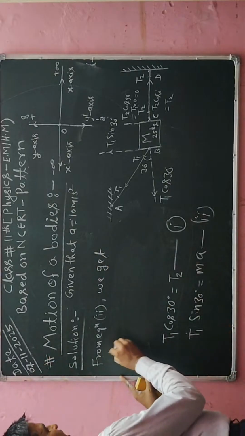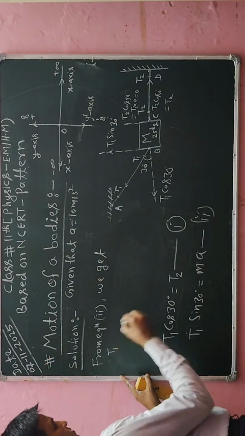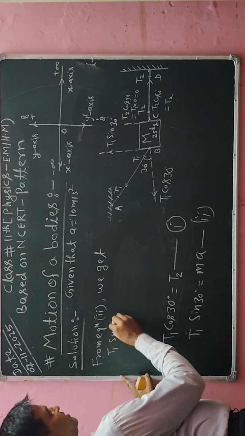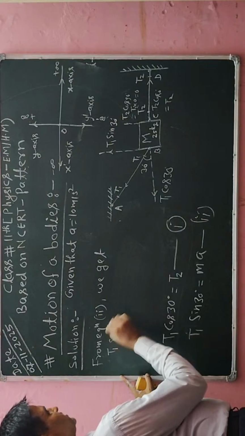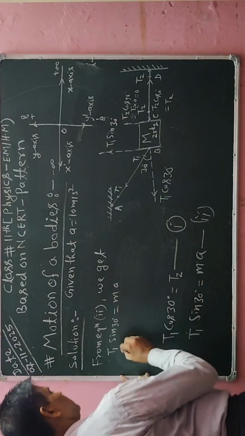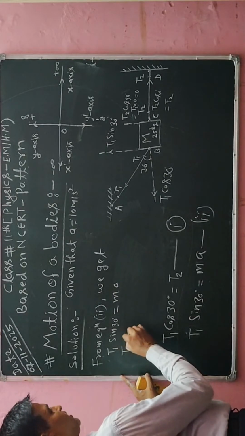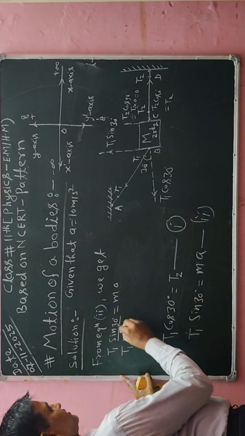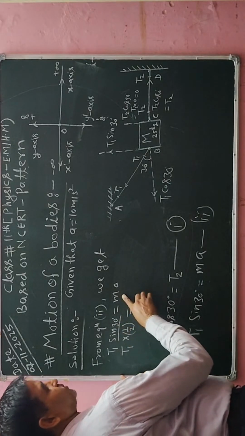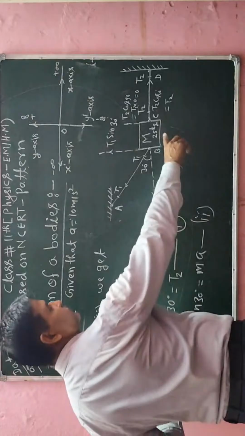Now first of all I have to write equation number 2, that is T1 sine 30 degree, which is equal to m into a. Now in the place of sine 30, I have to write its value, that is 1 by 2, which is equal to mass of the object, that is given here 25 kg.